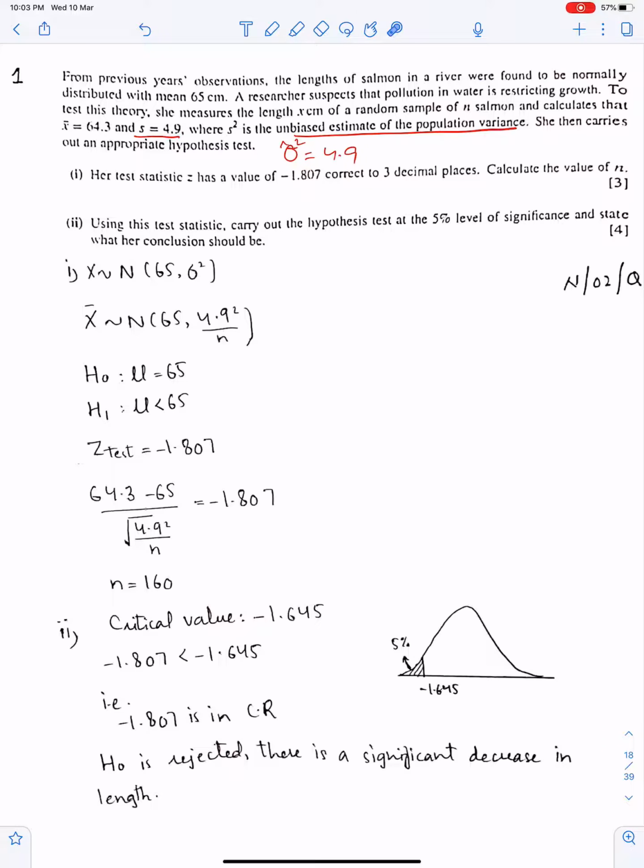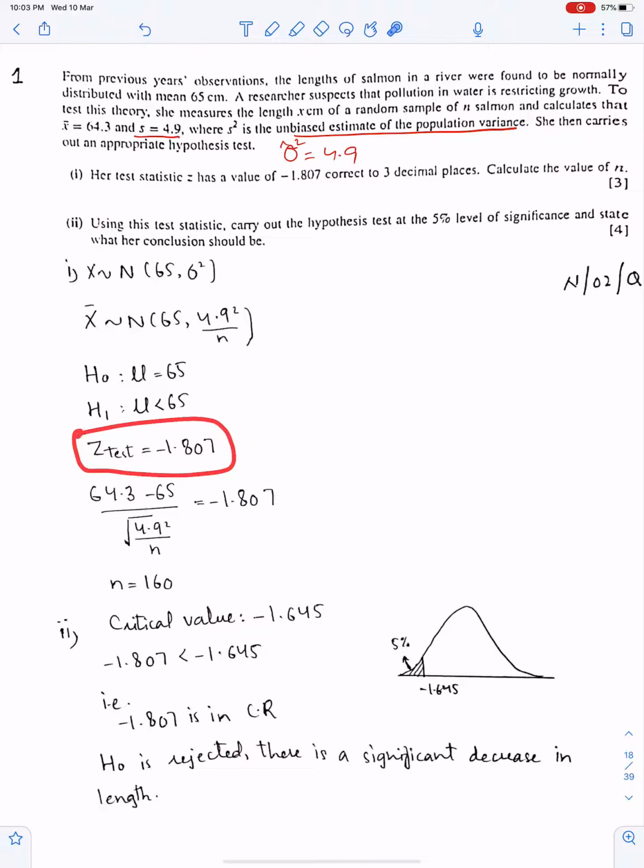She then carries out an appropriate hypothesis test. Her test statistic is this. This is the z-test. Calculate the value of n. So this is so simple, you just need to equate z-test with z-critical. This is z-critical, 5%, minus 1.645.